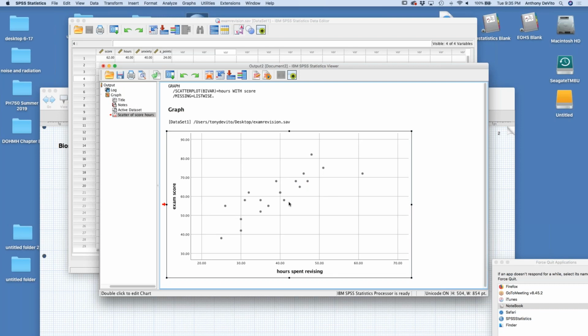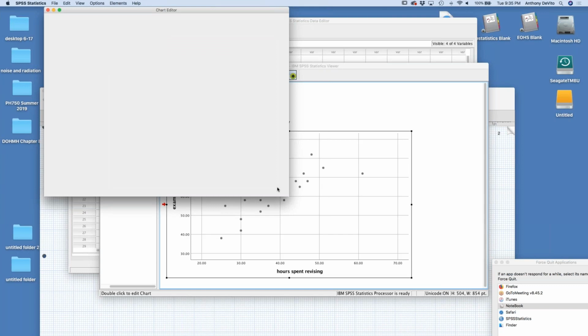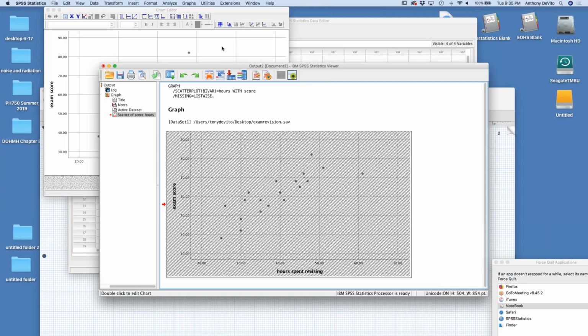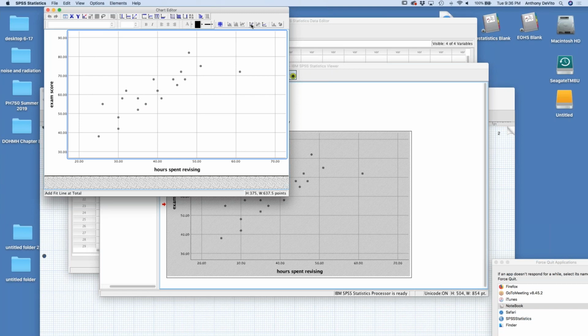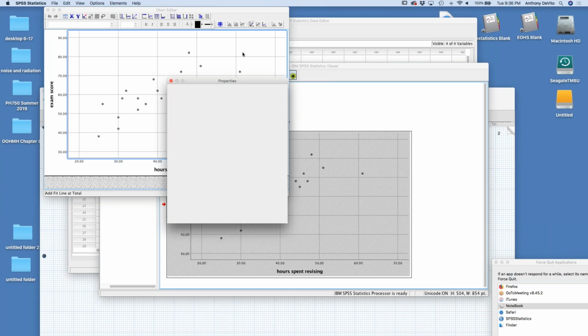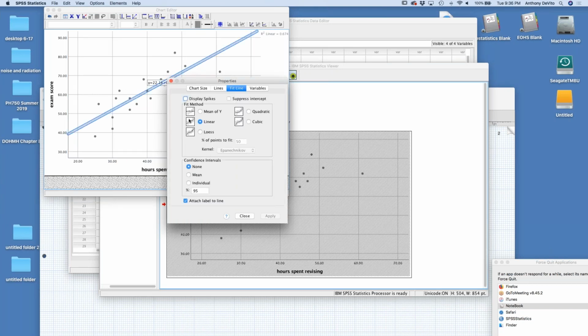I'm double clicking on it, and it should open in a new window. And I can ask it to create a best fit line for me.